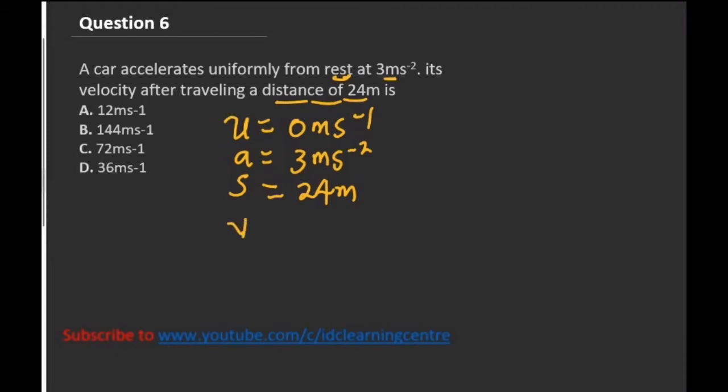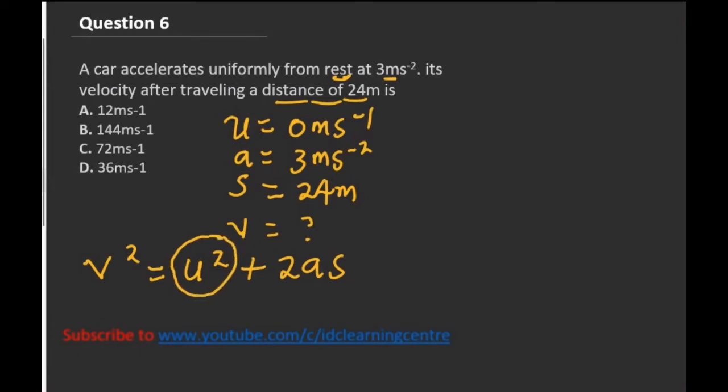Find the final velocity. We can use this formula: v squared equal to u squared plus 2ax. But since the initial velocity is 0, everything with u will be 0.